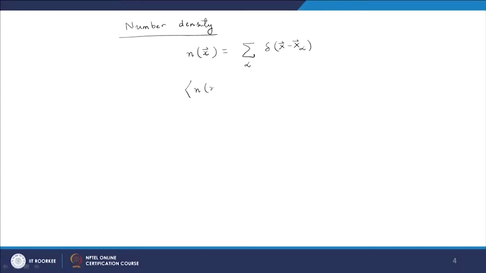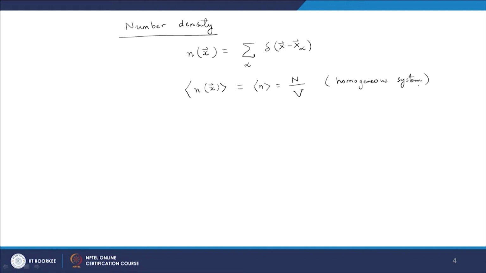So, if I take an ensemble average of the number density, we should get n by v only for a homogeneous system, like a liquid.